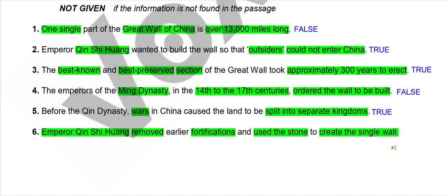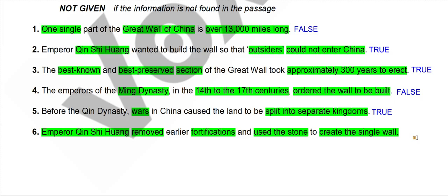Let's say he removed the fortifications and decided that instead of small parts of the wall, this should be made into one big giant wall. And if he used the stones extracted from the earlier fortifications to build the new wall, we will say true.